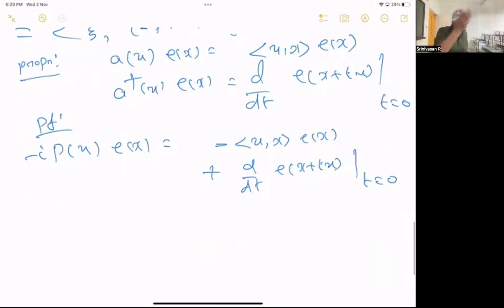You will be doing that exercise for creation and annihilation operators. I am not asking you to write the assignment, but this will be clear. The same thing works because you are going to write that as a limit, and T is a bounded operator, so you can take the limit out. With the same prescription, this will work.